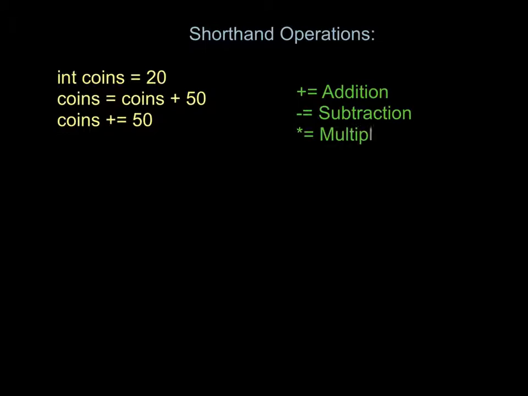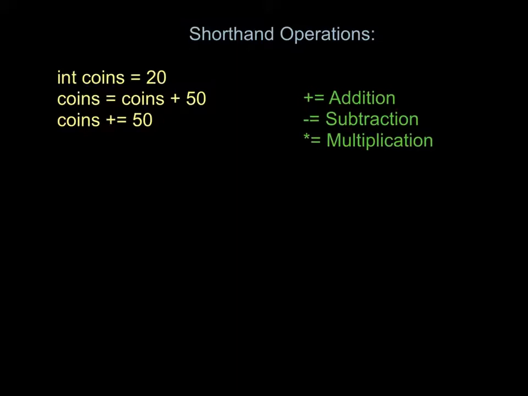Remember that we use the asterisk for multiplication. For division, we're going to use /= for division. And then for remainder, we're going to use %= for remainder.